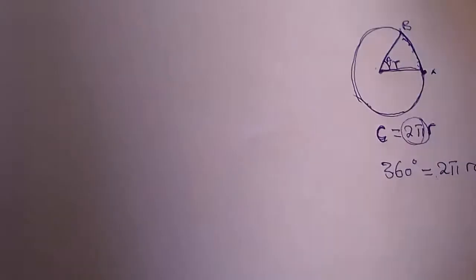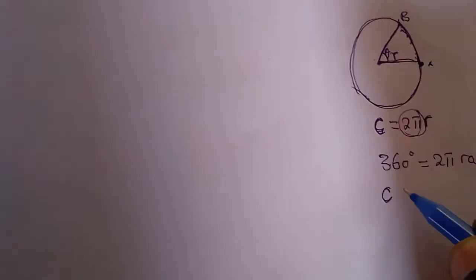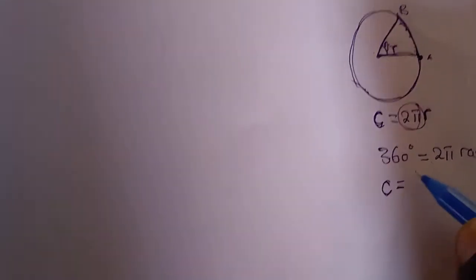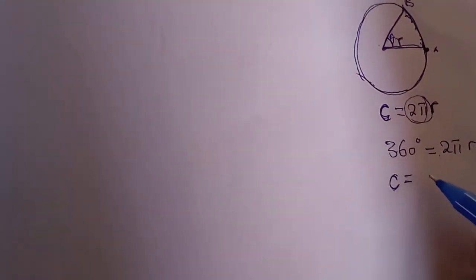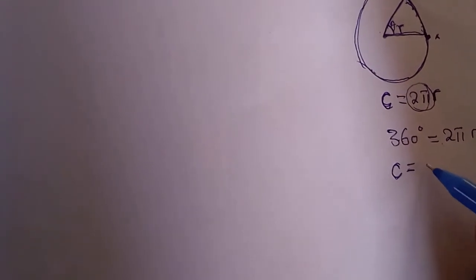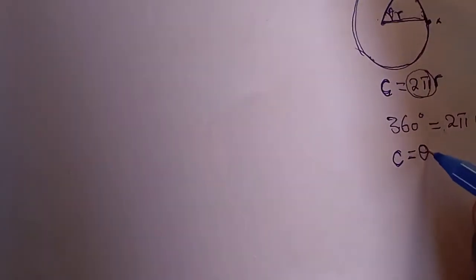Okay, so we can say the circumference of the circle is equal to the angular distance, which is in radians, of course, 2 pi, multiplied by r. But what if I have not been given the angle? I can call it theta and then multiply it by r.